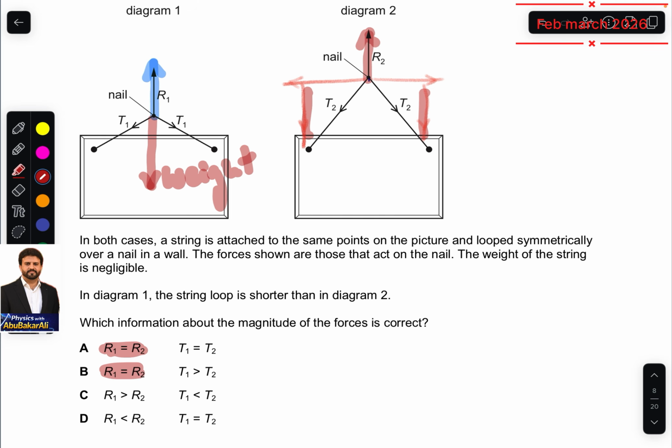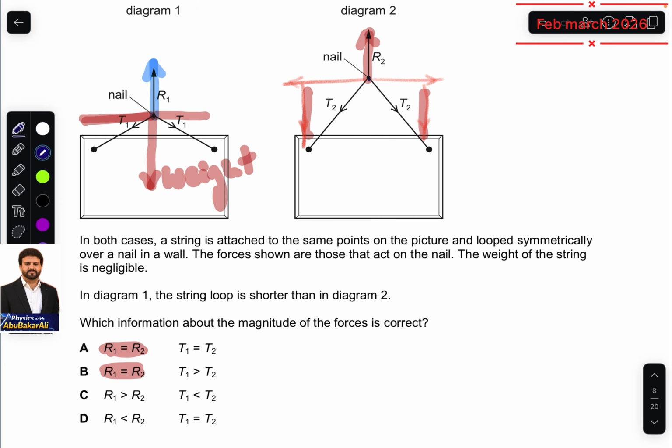Now what is happening, if you see, when this thing is more horizontal, when you increase the angle, the line will be elongated. So when this line is elongated, we can say its horizontal component will increase.